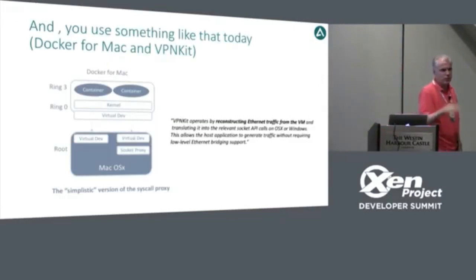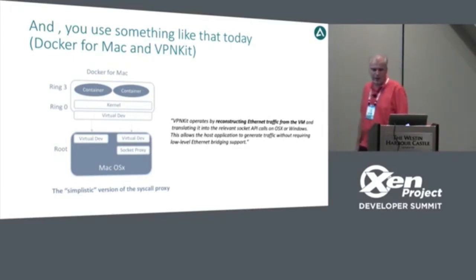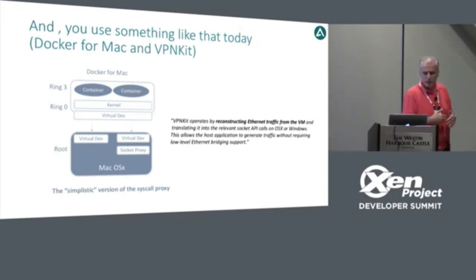Now, if any of you are using Docker on Mac OS X, you will realize that they are actually emulating what I just described in a much less efficient manner. This is what you use today. What they are doing is the poor man's approach to that. Essentially, they are virtualizing.